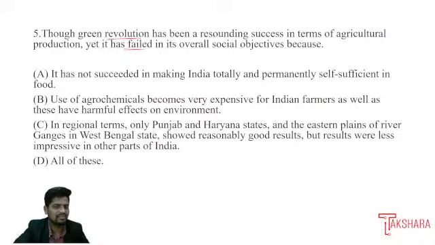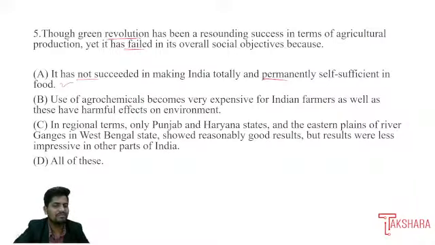Because it has not succeeded in making India totally and permanently self-sufficient in food. It failed in that process, so we take it as a failure of objectives. So statement 1 is correct.